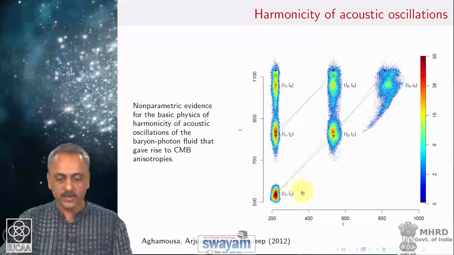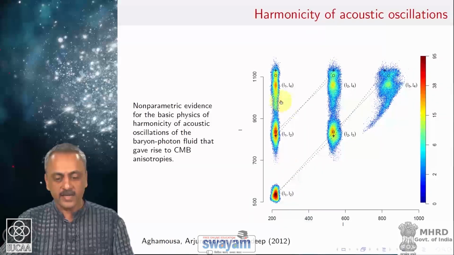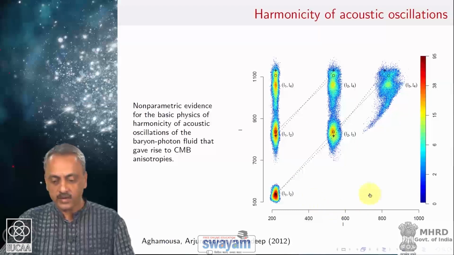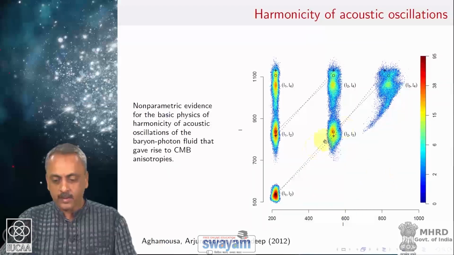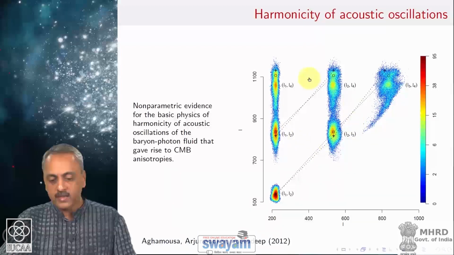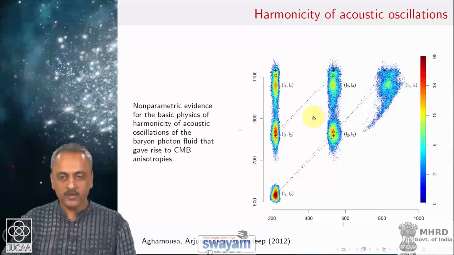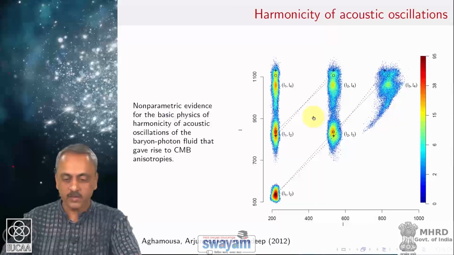This is the kind of scatter one gets, and this scatter is clearly showing that arbitrary possibilities for the pair of peaks is not possible, and in particular this scatter suggests a regular lattice kind of structure, and this is corroborating the harmonic physics of the acoustic oscillations of the early universe.